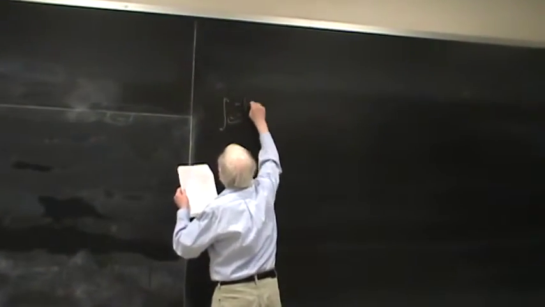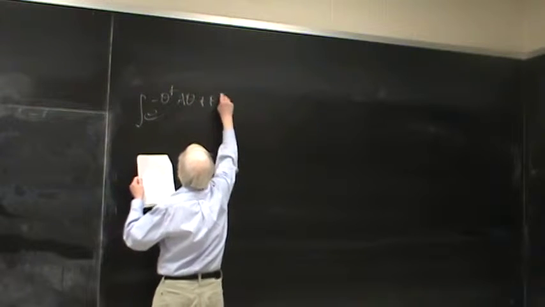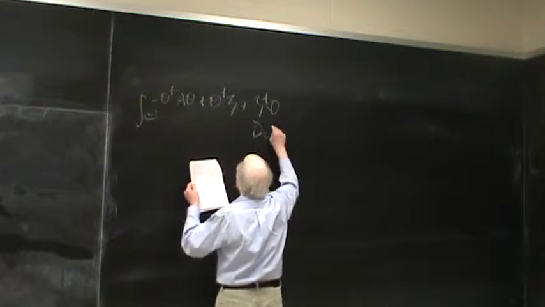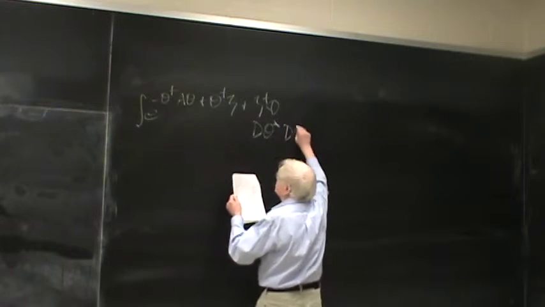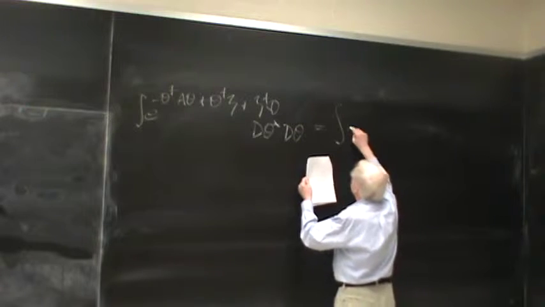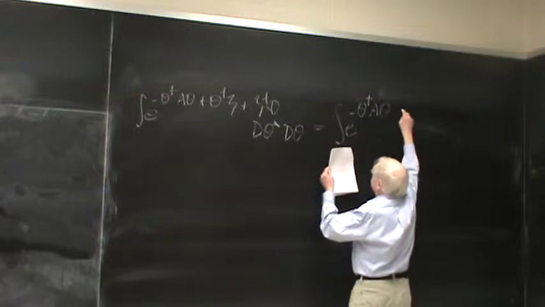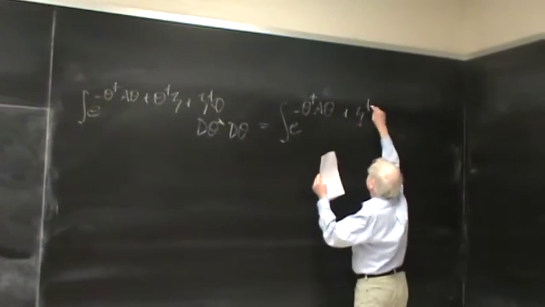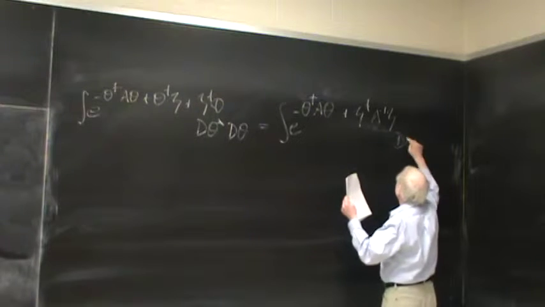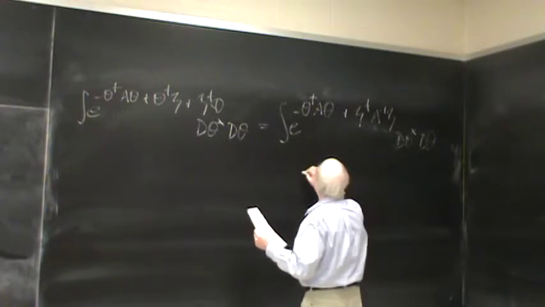The integral of e to the minus theta dagger A theta plus theta dagger zeta plus zeta dagger theta, d theta star d theta, is, and I'm going to write two equations for this, e to the minus theta dagger A theta plus zeta dagger A inverse zeta, d theta star d theta.